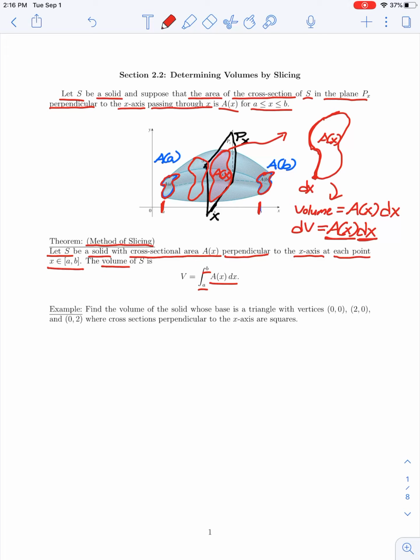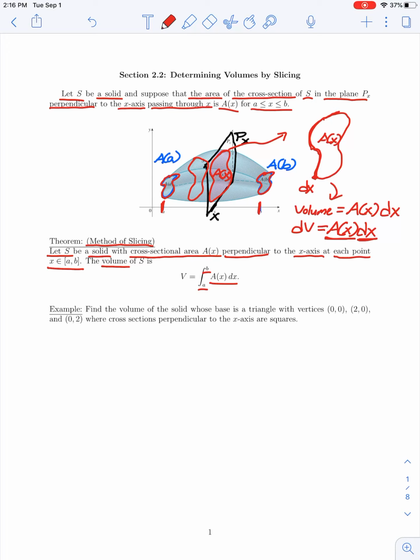So in short, if we're able to determine the area of a cross-section of a solid at any point within that solid, then we can find the total volume of that solid by integrating that area function with respect to x over whatever interval specifies our solid.